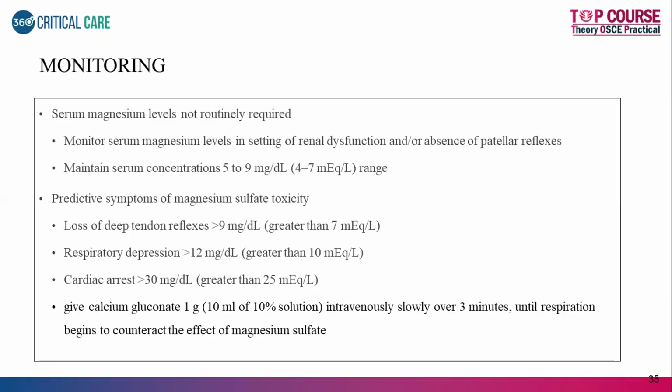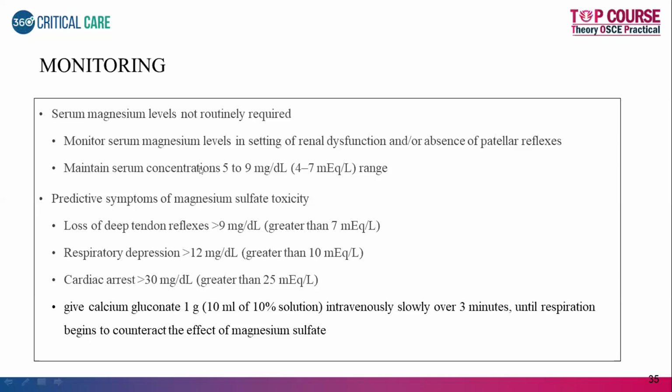And then comes the important part, monitoring your serum magnesium levels. The guidelines say that serum magnesium levels are not routinely required. You only monitor the levels in the setting of renal dysfunction and or absence of patellar reflexes.